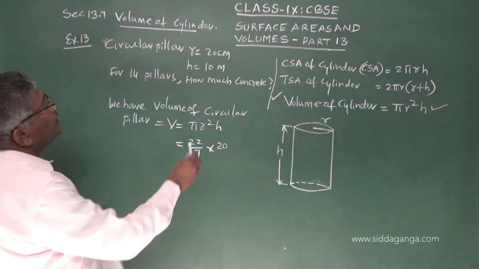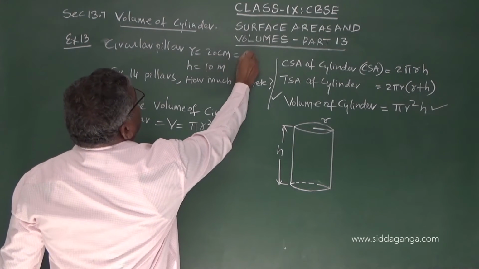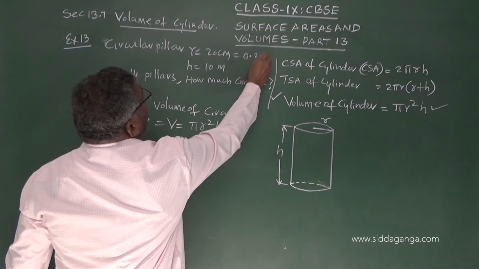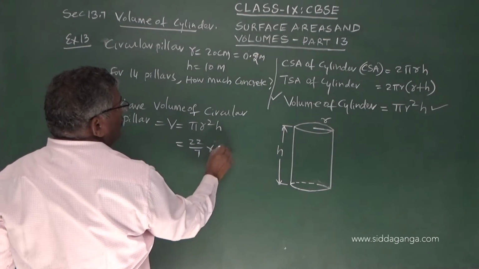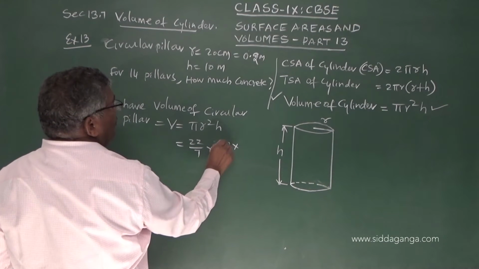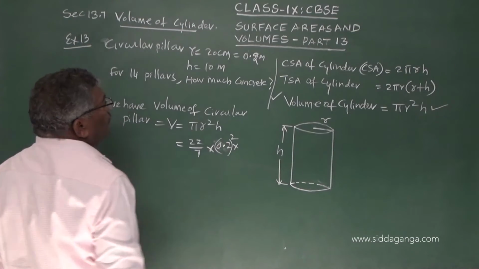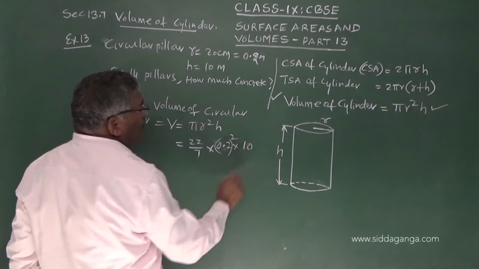Change this: r equal to 20 centimeter is nothing but 0.2 meter, so 0.2 meter whole square, pi r square, into h, which is given in meters only, 10 meters.